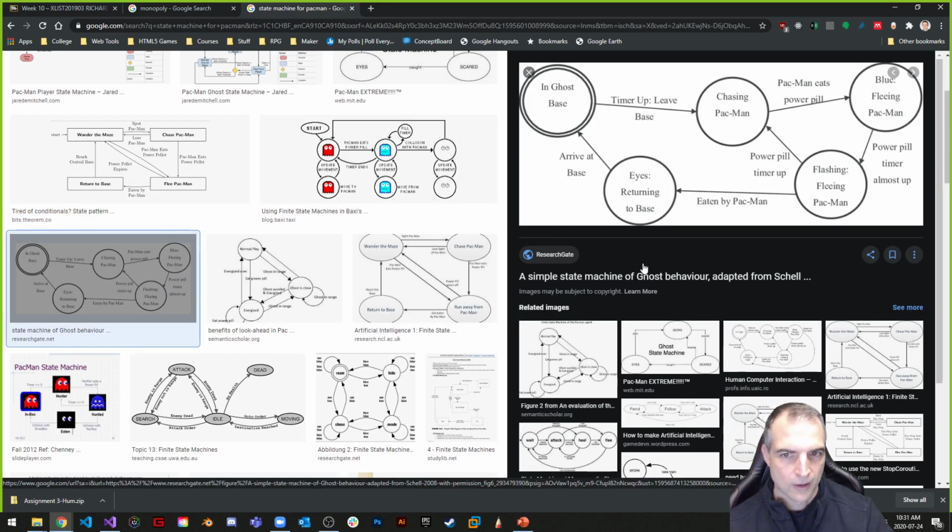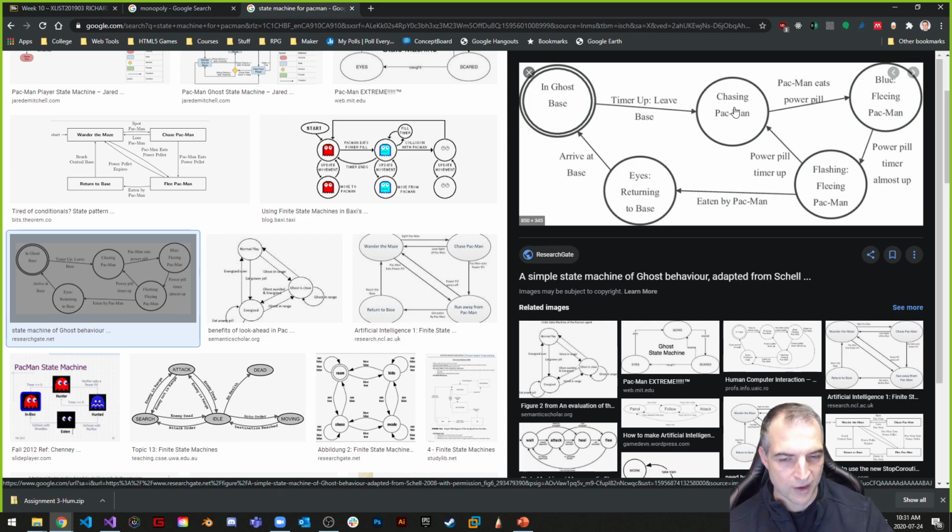Here's another one. I'm in the ghost base. That's my current state, and you can see this is a double circle they've used here. We leave the base. We chase Pac-Man. If Pac-Man eats a power pill, then we flee. But that's interesting. I'm chasing him, and then he's eating a power pill.